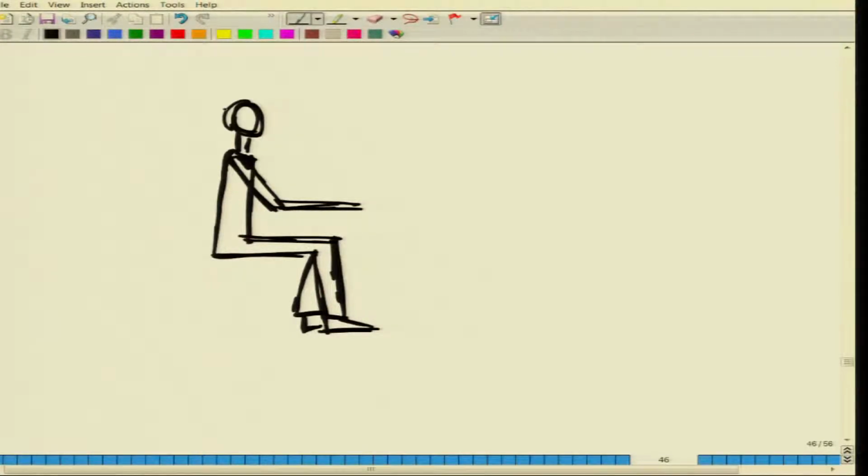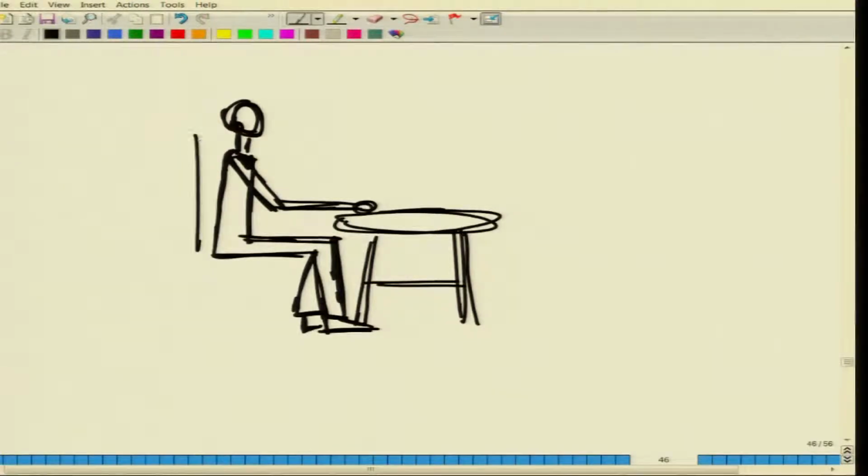It is a figure which is not moving, but sitting. There is emphasis on horizontal and vertical formation mostly. So, the person is not actually moving much.